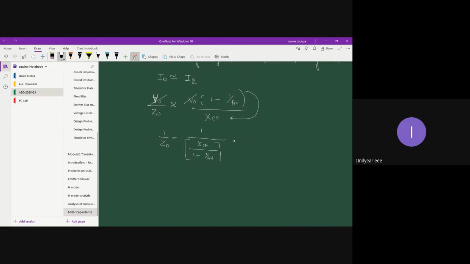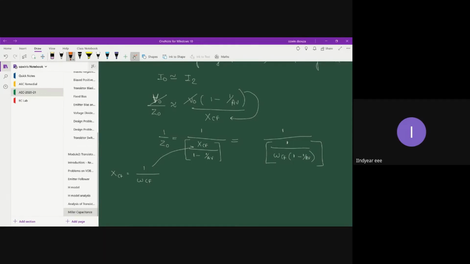So that is also equal to 1 divided by, what is XCF? We know that XCF is equal to 1 by omega into CF. We will substitute this here. So you get 1 divided by 1 by omega CF into 1 minus 1 by AV.